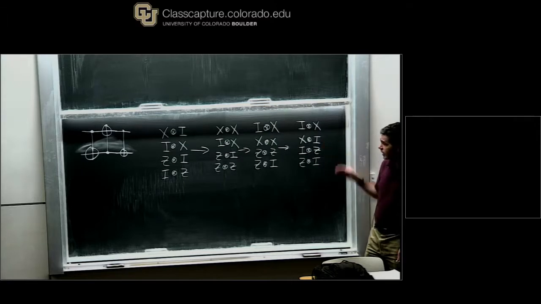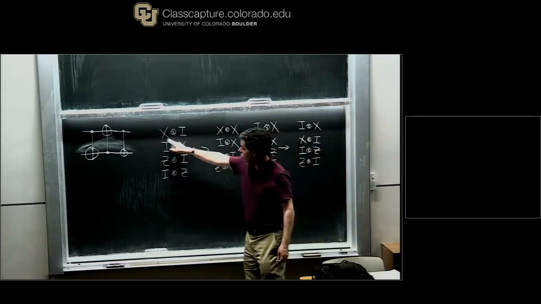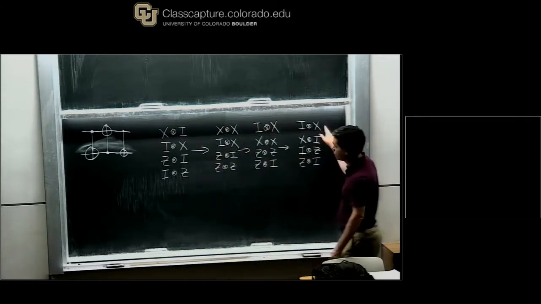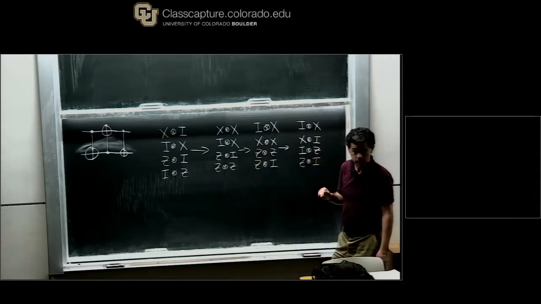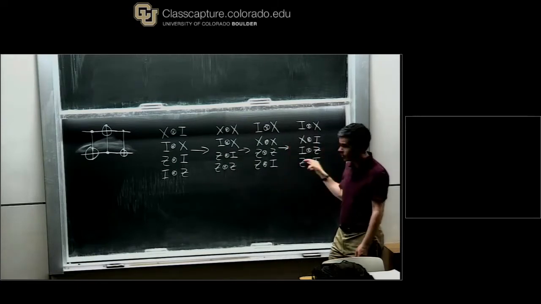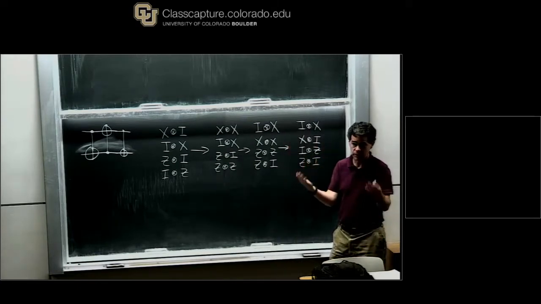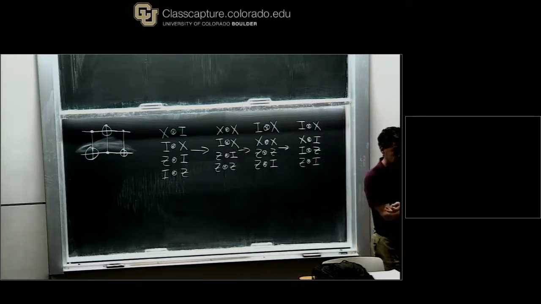And we can actually identify this in terms of things that you probably already know. So look at what happens here. So X on the first qubit goes to X on the second qubit, and Z on the first qubit goes to Z on the second qubit. X on the second qubit goes to X on the first qubit, Z on the second qubit goes to Z on the first qubit. So in other words, we switched the first and second qubit. Right? We're just swapping these two qubits. Okay?